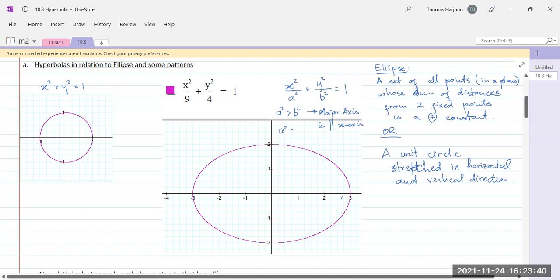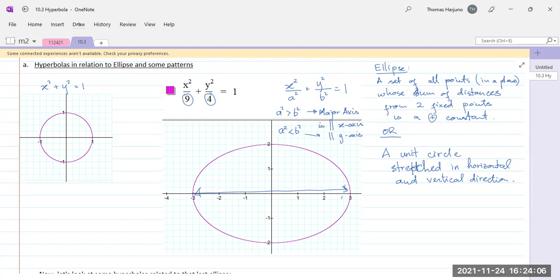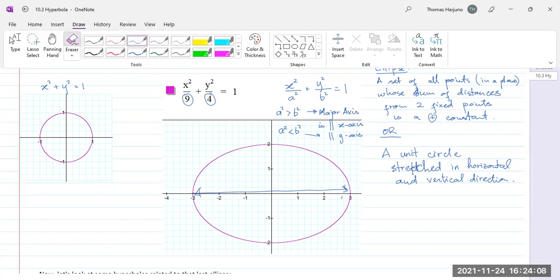Otherwise, if a squared is less than b squared, then the major axis is parallel to the y-axis. Here the denominator of x squared is 9. That's a squared. A squared equals 9 is greater than b squared, which is 4. Therefore, the major axis, the longer axis, is parallel to the x-axis.